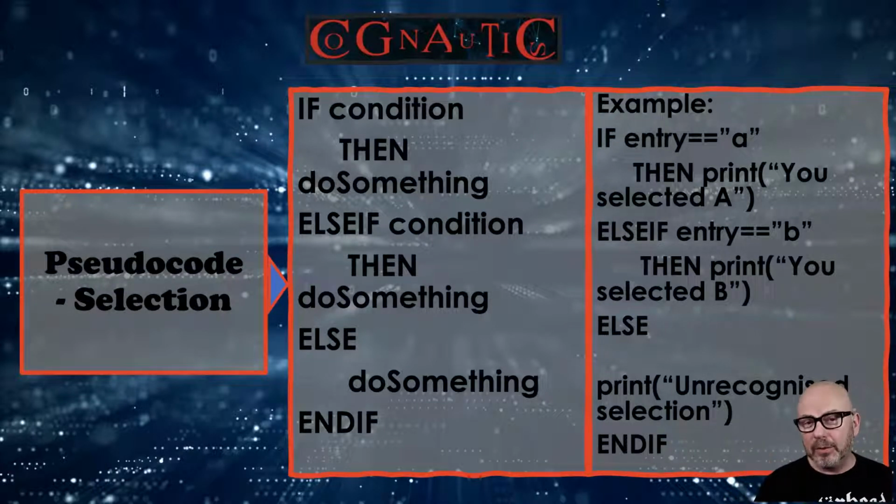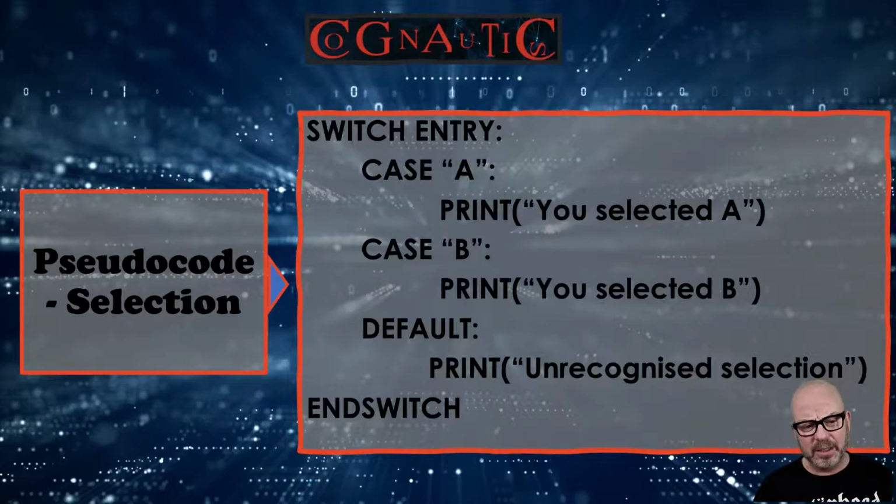So they will get you to use this in the exam, and they will set up some kind of scenario where you've got to produce this in the exam. So make sure that you're happy with the indentation, make sure that you're happy with the vocabulary that you need to use. I mean, it's pretty straightforward really, isn't it? But they're going to check to make sure that you do understand this, and this will be across paper 2 that they'll do that. Okay, so that's selection.